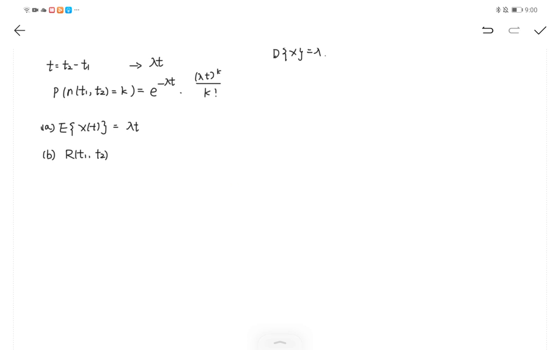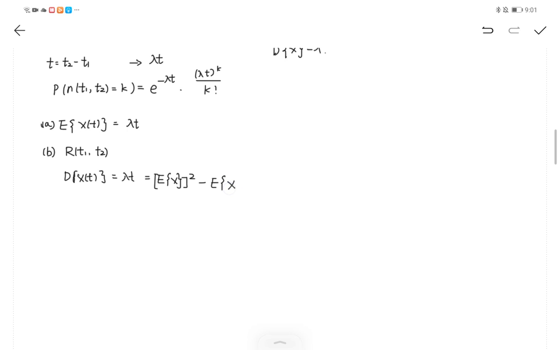From question A, we know that the expectation of the process is lambda t, and we can calculate some other statistics value, like the variance, which also equals lambda t, and we can see it also equals E[X squared] minus (E[X]) squared.